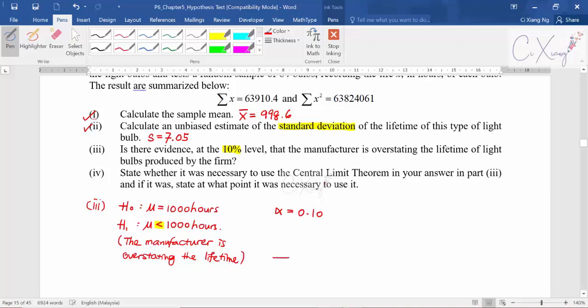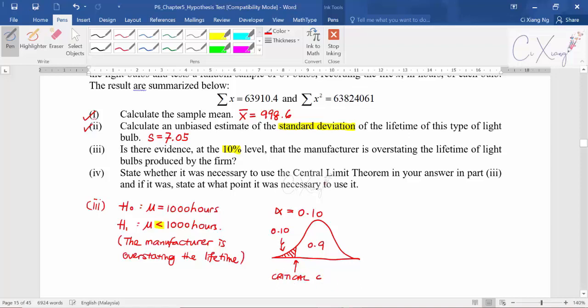After that, I will always draw a diagram to help me. I have a normal distribution graph, and because this is a one-tailed test on the left, my rejection region will be on the left-hand side. This area itself is 0.1, and the large area here is 0.9. I want to get this critical value.